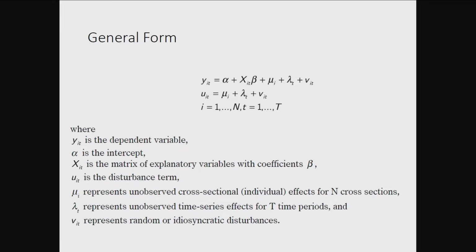And in general, this is exactly what we had in the beginning, because for any estimable equation, we have the intercept, the independent variables, and an error term. So in this case, I can combine the three of them, mu_i plus lambda_t plus nu_it, in a single term, which is u_it.